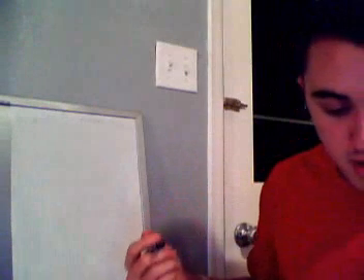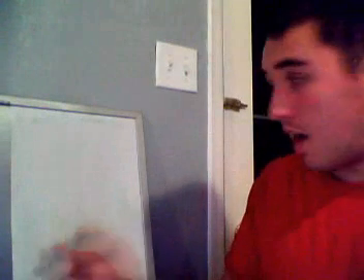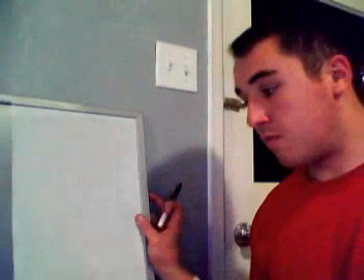So right now I'm just going to go through and solve for E equals mc squared. Einstein proved that the classical kinetic energy formula is not correct at high speeds.